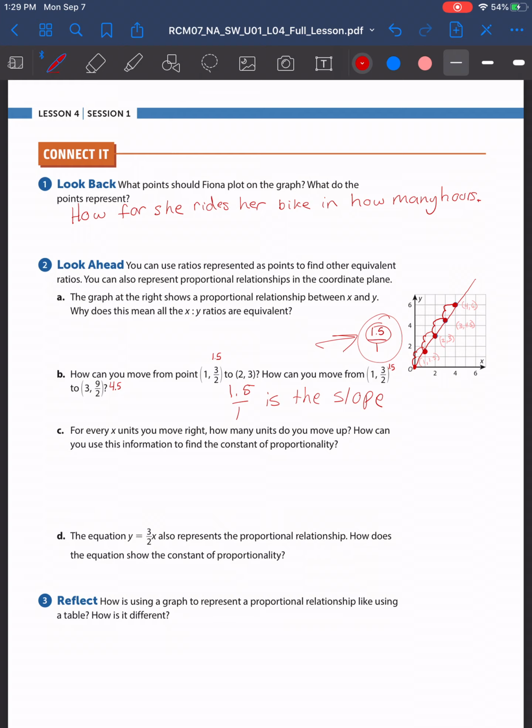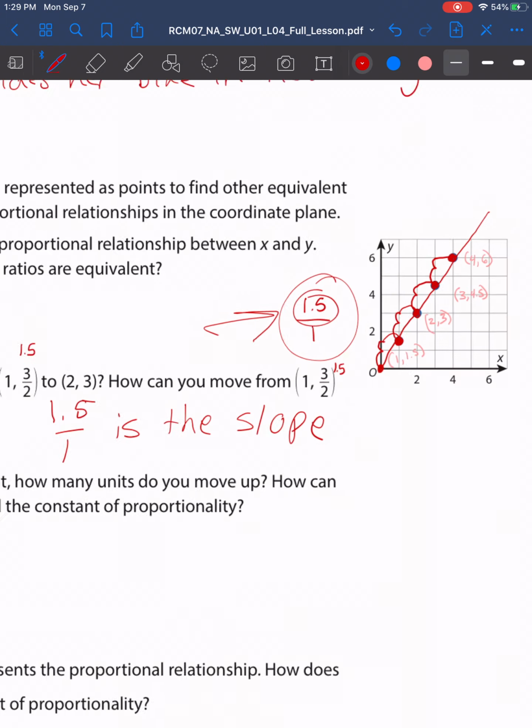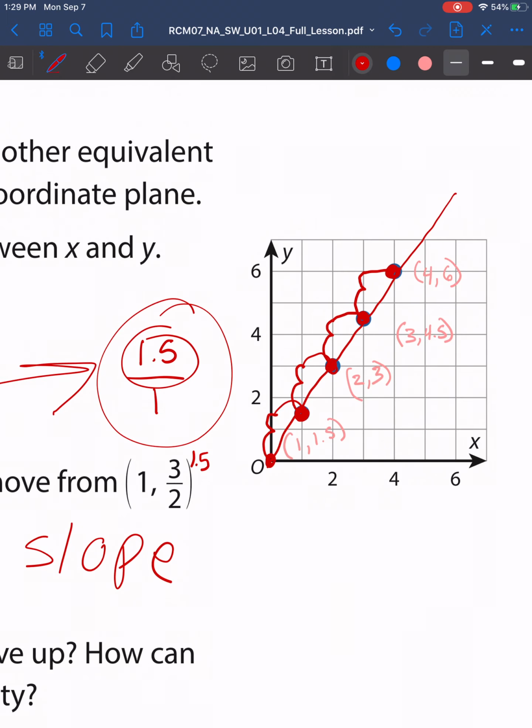And how can you use this information to find the constant of proportionality? So for every x, how many do we have to go over for y? Basically, that's what it's saying. You move 1.5 units up for every 1 unit you move to the right, which is the slope, right?